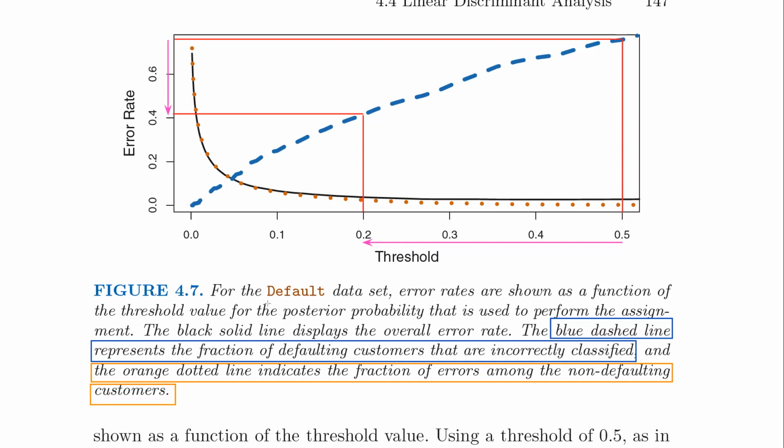Really interesting concept. So the price paid, if I use color green, from switching from a threshold of 50% to 20% is that the error rate for the non-defaulting customers increases from about 2%.